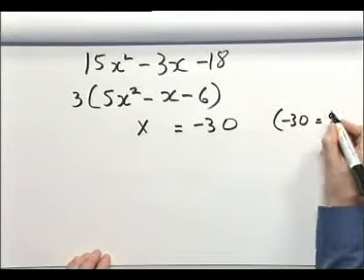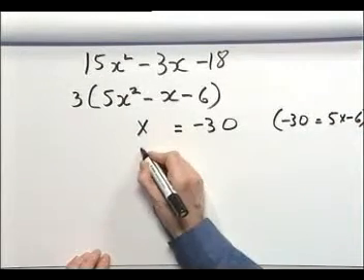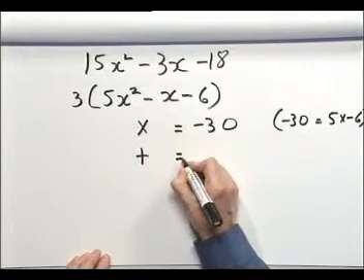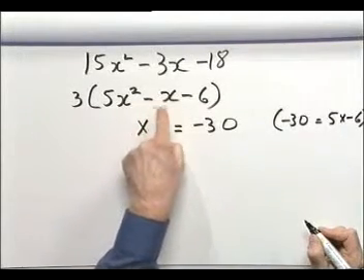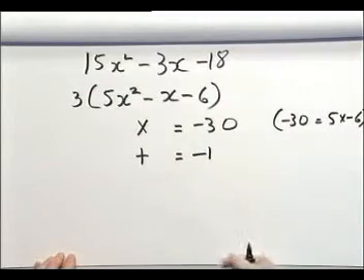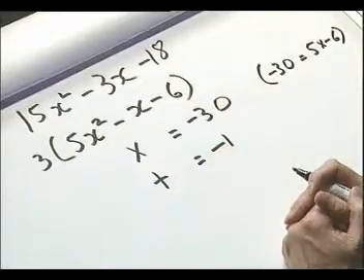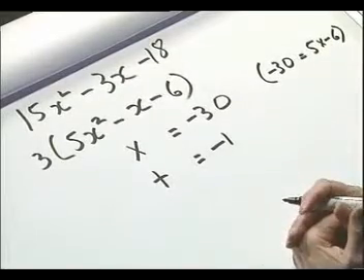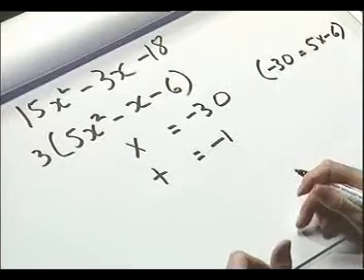And again, I'll just write down where that came from. Minus 30 was 5 times minus 6. And I'm looking for two numbers that will add together to give me, now here, the number that's multiplying the x is minus 1. So I want two numbers to multiply together to give me minus 30 and add together to give me minus 1. Well, 5 and 6 seem like obvious choices because they've got a difference of 1 and they multiply together to give 30.